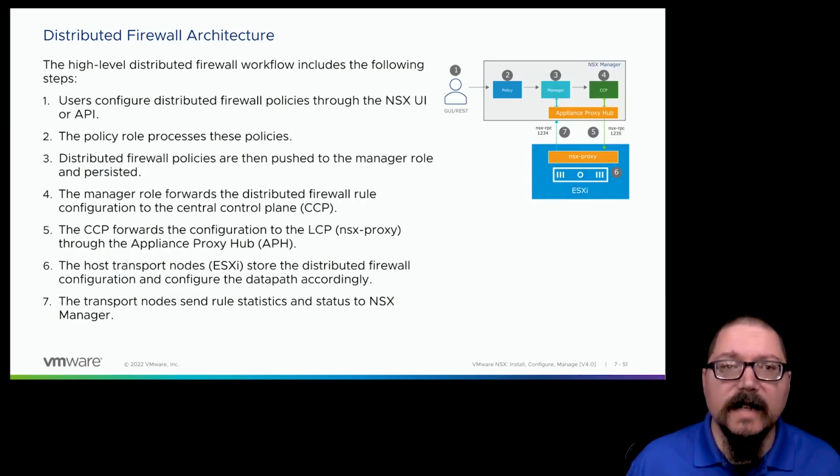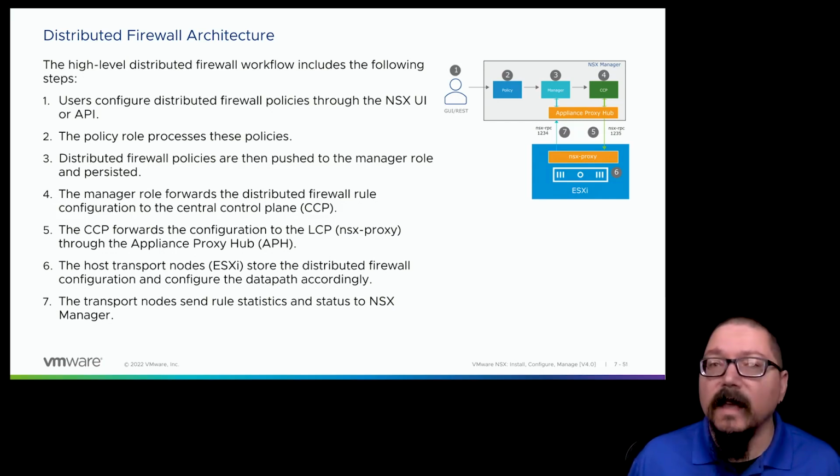If we look at the architecture of what the distributed firewall is doing, how it all comes together and how things work together, we have a whole bunch of individual tooling we can work with. We follow through the NSX Manager the same process that everything else does.